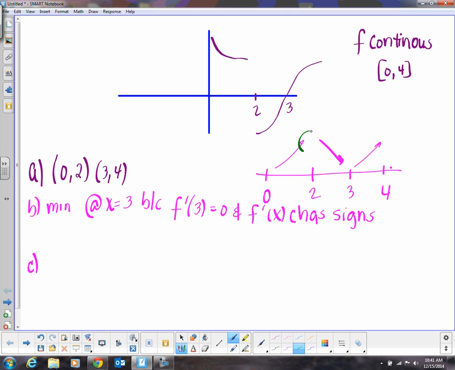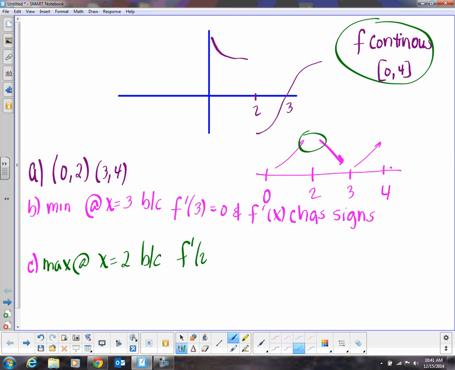Right there it is, x equals 2. Does it matter that they're not connected? No, because the function itself is continuous. So f prime of 2 is undefined, not equal to 0. It's undefined because there's a gap. And f prime of x changes signs, or in this case, changes from positive to negative.